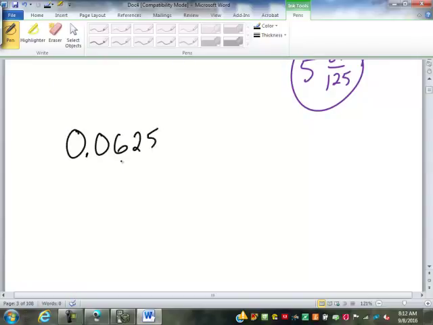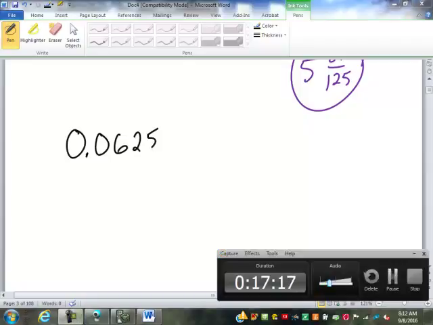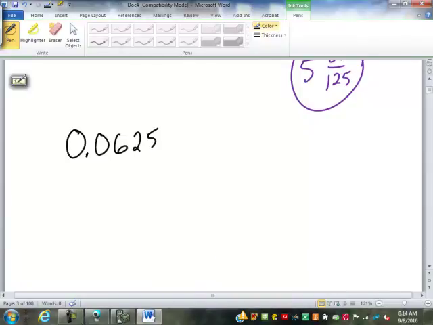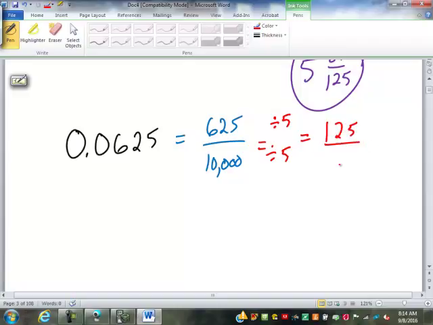In your notes, see if you can turn that into a fraction and reduce it. So this is going to become 625 over 10,000. Good. 4 decimal places, so 4 zeros. Reduced by 5 works. 625 divided by 5 is what? 125. 10,000 divided by 5 is 2,000.